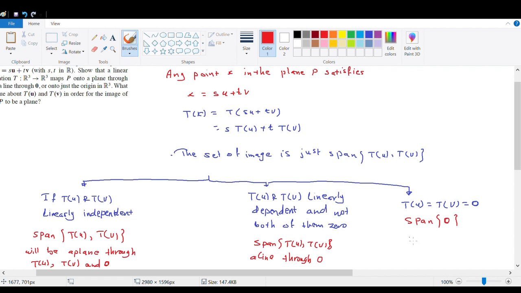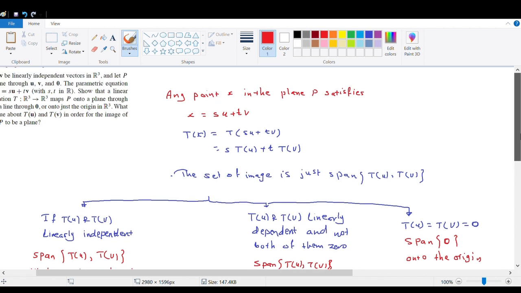So this will be onto the origin. So here we have three cases. We are given that any point in the plane B satisfies this.